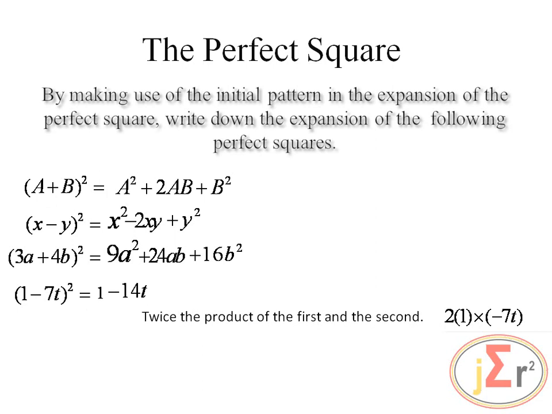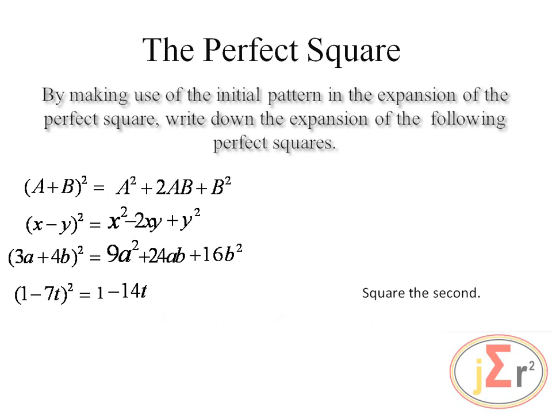And we continue by squaring. Square the second term, which will form the third term. Square all of negative 7t. Negative 7 multiplied by negative 7 is equal to a positive 49, and t times t is t squared.